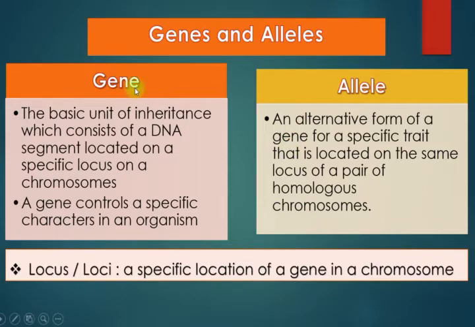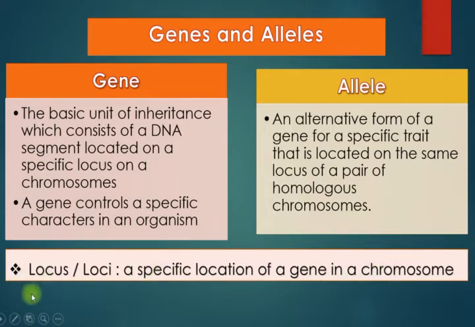Okay, let's go to the locus. What is the locus? Locus is singular, loci is plural. A locus is a specific location of a gene in a chromosome. It is the location where the gene is located in a chromosome.